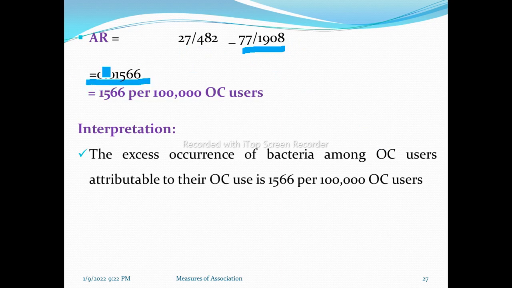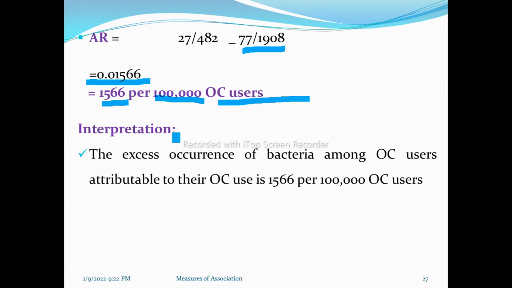So this is known as attributable risk. To remove the many decimals, we can multiply by 100,000. So the attributable risk in this study is 1,566 per 100,000 oral contraceptive users.